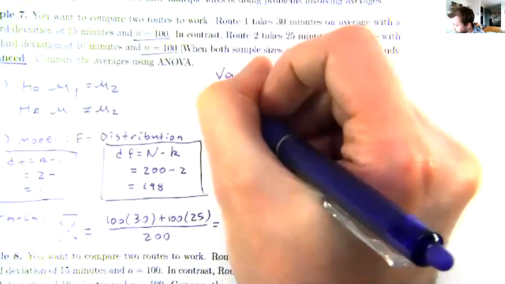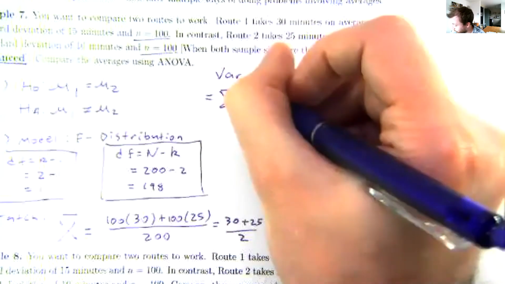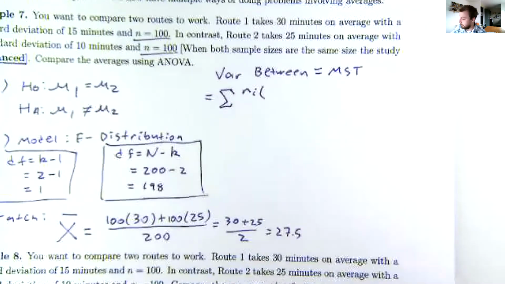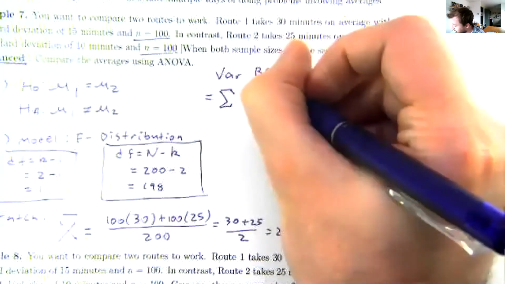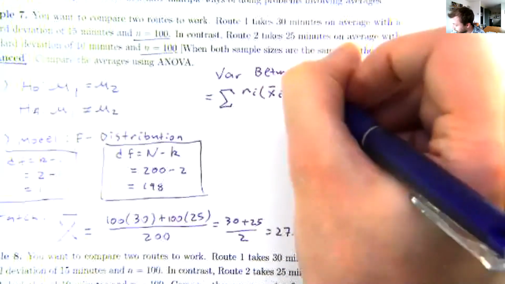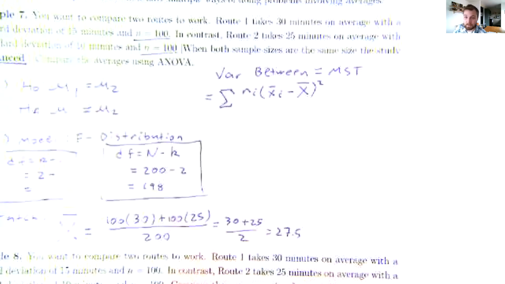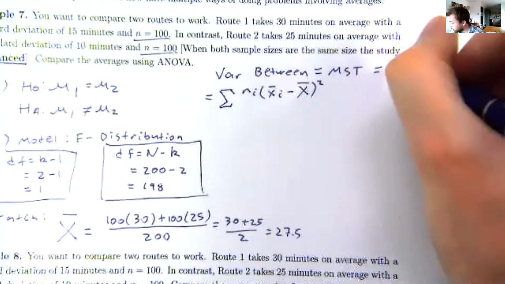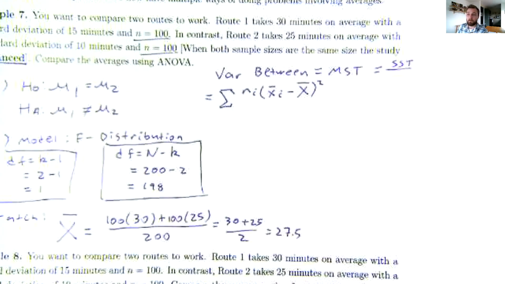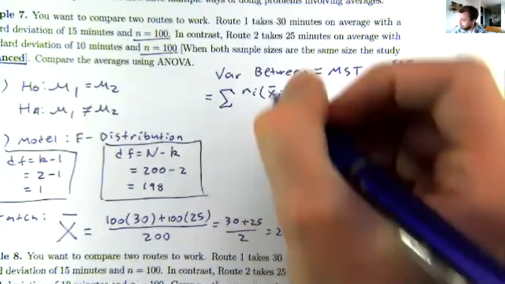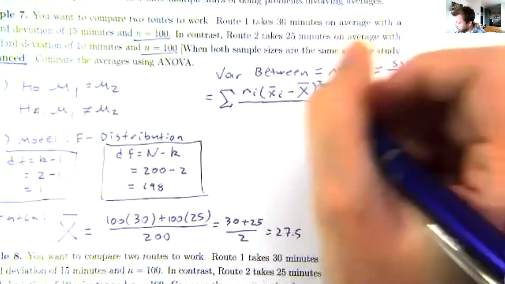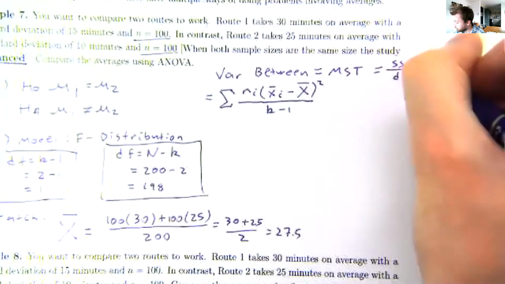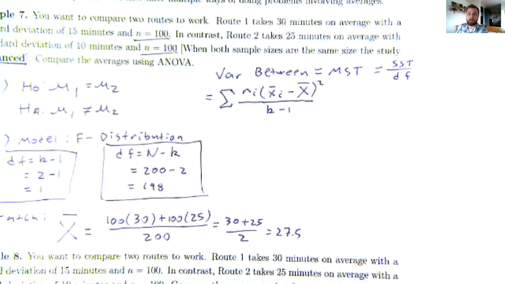I am going to add the number of values in each of the groups times the individual averages minus the overall average, squared. So I'm looking at the sum of all of those squares, the SST, and I'm going to divide this by the number of groups minus 1, my degree of freedom.